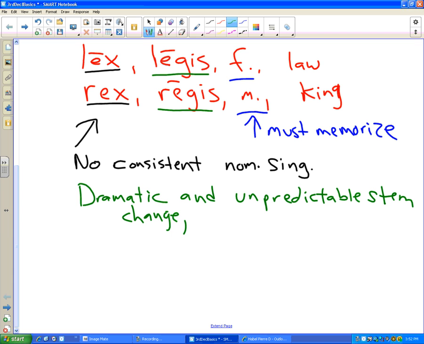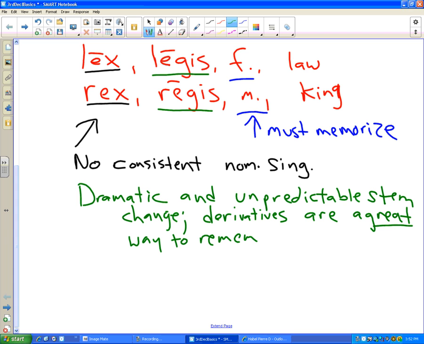I will tell you, though, that the English derivatives are a great way to help you remember the stem changes. So we don't have too many direct derivatives from the nominative lex or rex, except, well, for dinosaurs like the Tyrannosaurus rex or a dog's name.